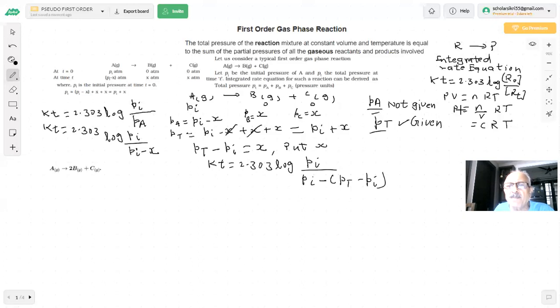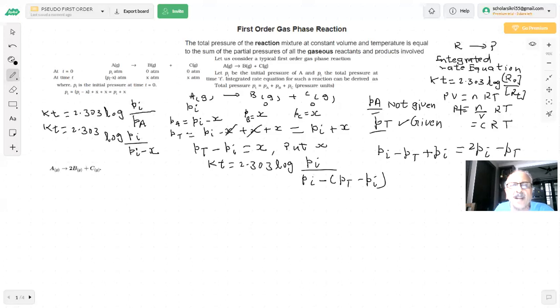What will this become? Pi is my initial pressure, and Pt is my total pressure. So the denominator becomes Pi minus Pt plus Pi, which is equal to 2Pi minus Pt. I will put that value here.